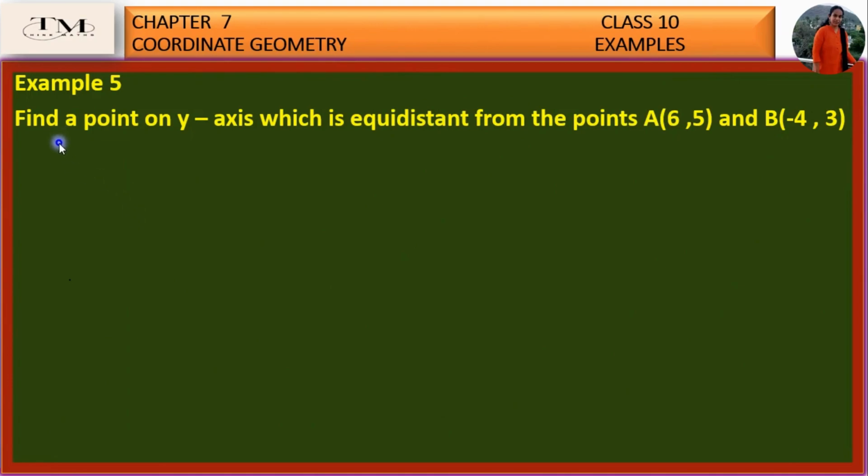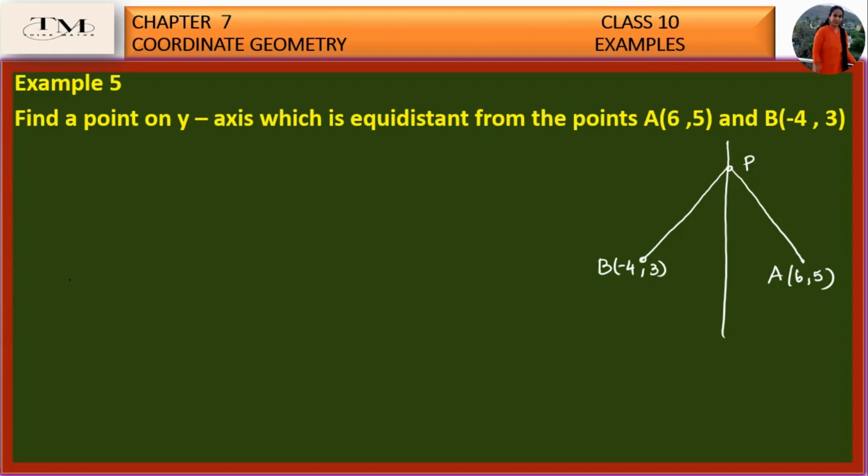Example 5. Find a point on y-axis which is equidistant from the points A of 6, 5 and B of minus 4, 3. So there is a point P on y-axis such that this point P is equidistant from A 6, 5 and B minus 4, 3.